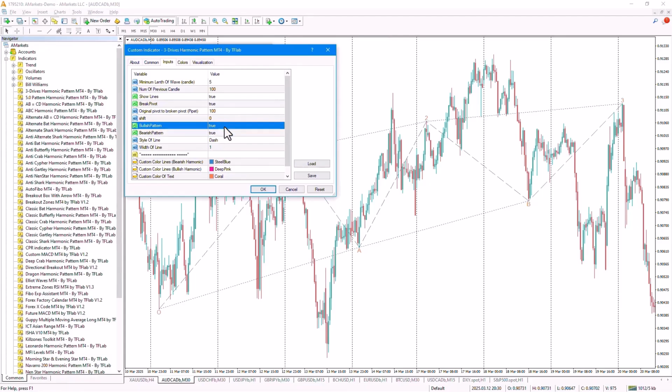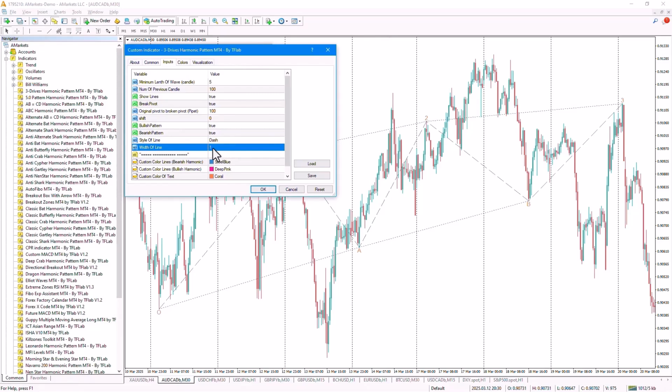In the next section, we can choose whether to display or not display the bullish harmonic pattern, whether to display or not display the bearish harmonic pattern, and the drawing style of the harmonic pattern, which can be selected from 5 options: solid, dash, dot, dash-dot, or dot-dash. And in the next section, we can set the thickness of the drawn lines, which is set to 1 by default.